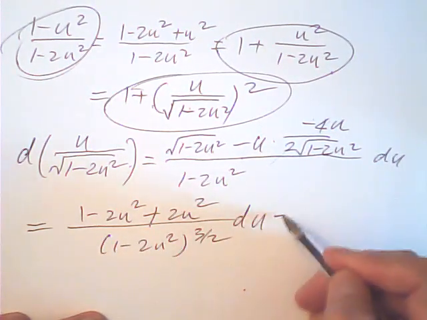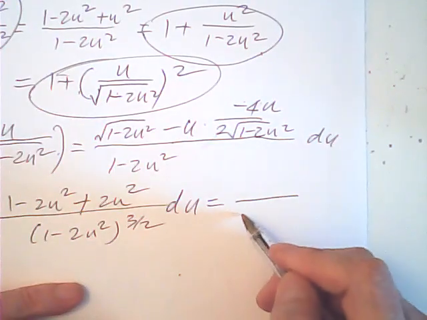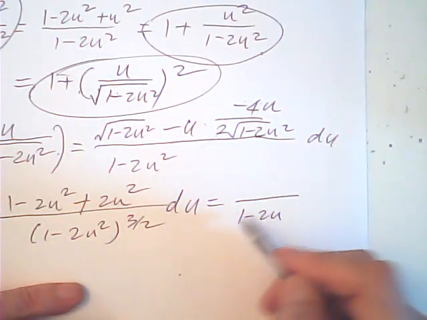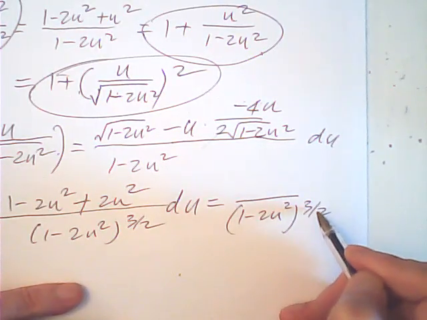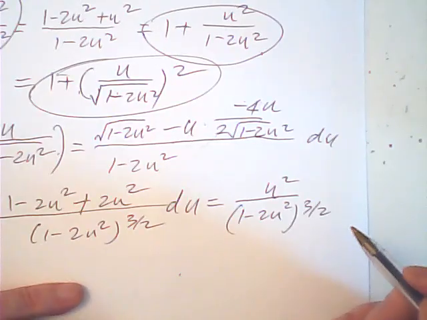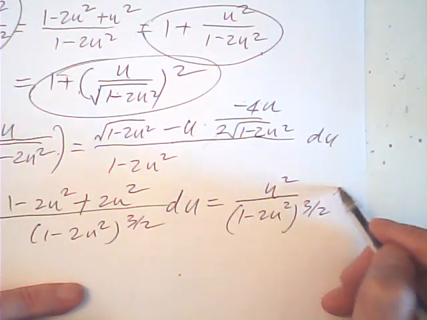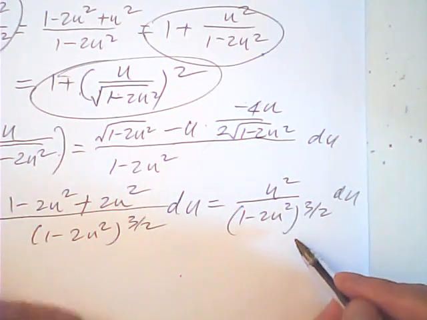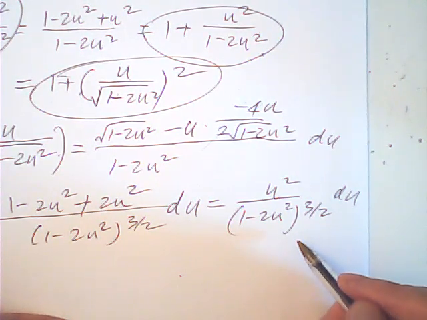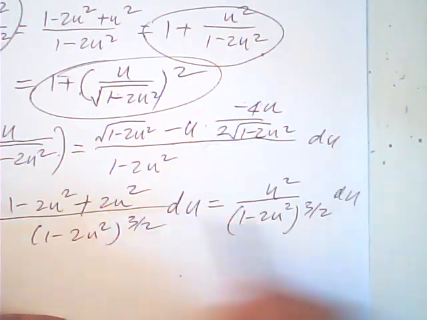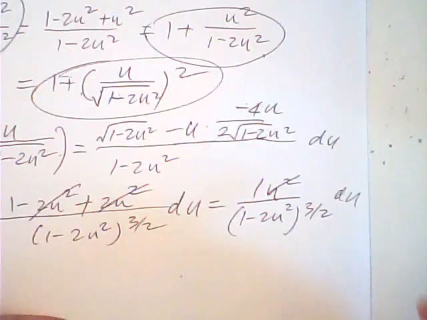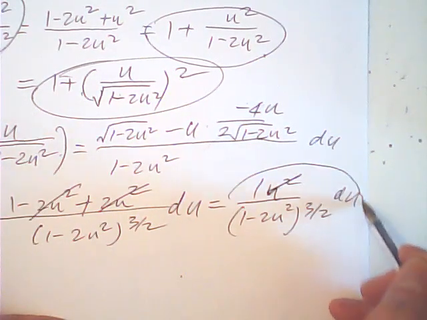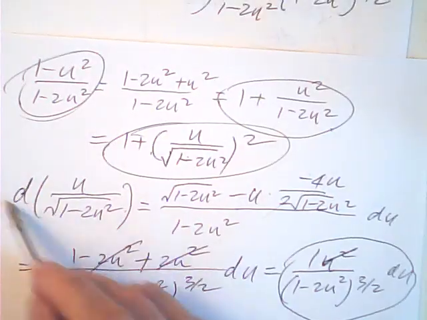So we end up with 1 minus 2u square. On top it would be u square. No, 2u square cancels out. I'm sorry, this is equal to 1. All right, so this one is equal to this.